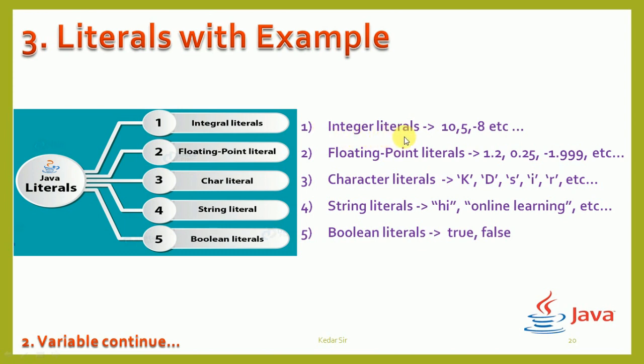So literals with examples. First one, integer literals: plus 10, 5, minus 8, and others. Then floating point literals: 1.2, 10.50, 0.25, minus 1.999, etc. Character literals: within single quotation marks you write a character. Then string literals: within double quotation marks you write text, right?